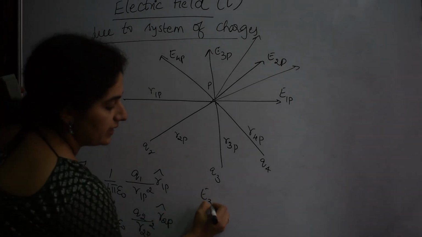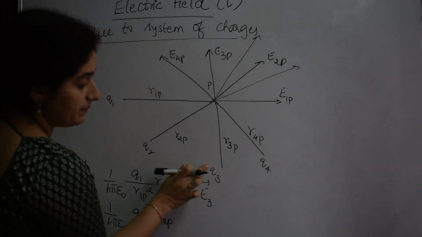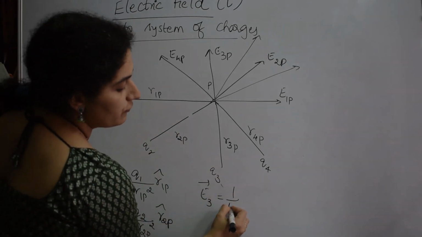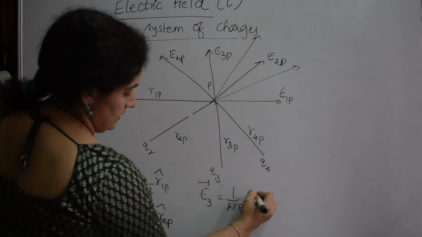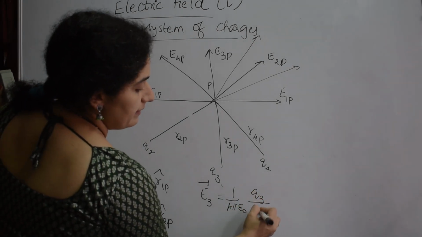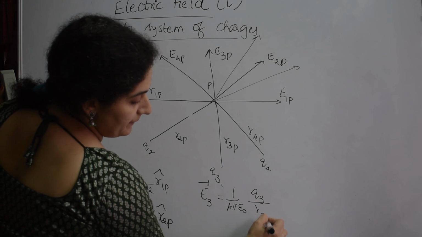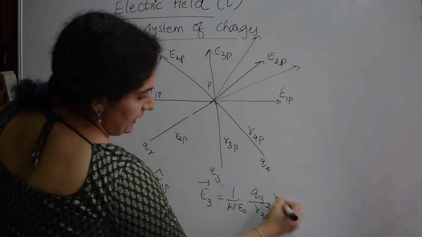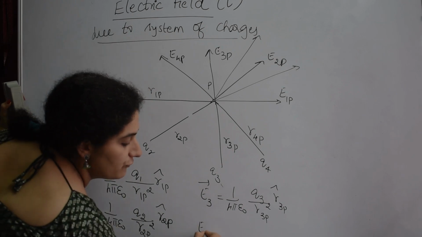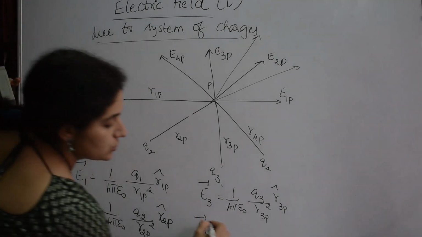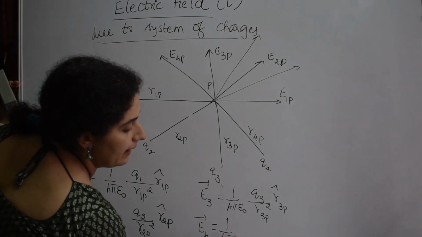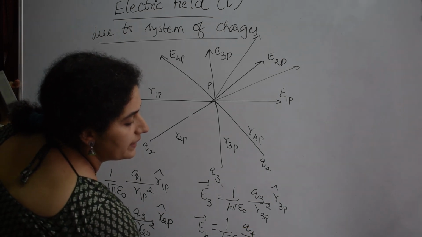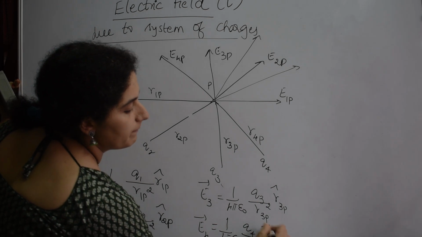And then vector E3, because of the charge Q3, is 1 by 4 pi epsilon naught Q3 divided by R3P square into R3P cap. Similarly E4 will be equal to 1 by 4 pi epsilon naught Q4 divided by R4P square into R4P cap.